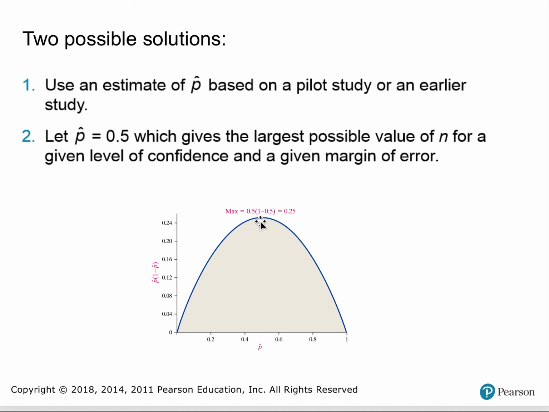The largest possible is 1/2: this likelihood and this likelihood pair up, but the largest is 0.5 that it is in there and 0.5 that it is not. The disadvantage of this one, even though it seems easier, is it might lead to larger sample sizes than we actually need. And because of the time and expense of sampling, it's desirable to avoid too large a sample.